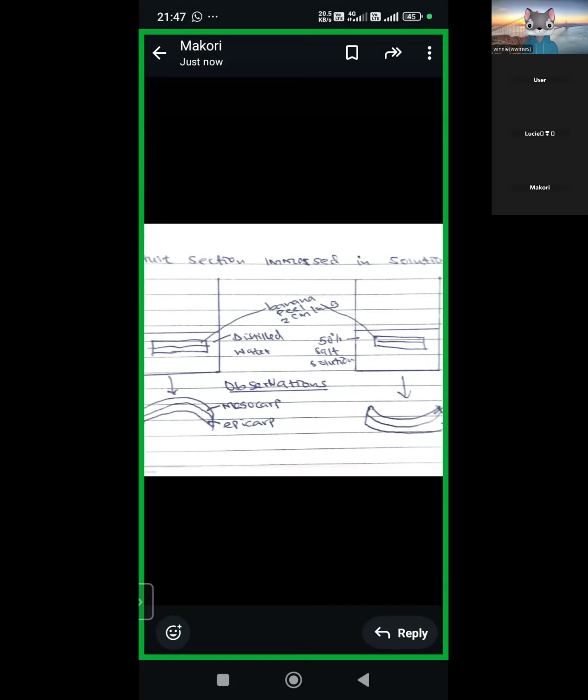The cells within the epicarp are not affected by water because they are waterproof. Cells of the mesocarp allow movement of water molecules in and out, so they can be affected by water. That is why the mesocarp is responsible for the two curvatures that we observe within our diagram there.